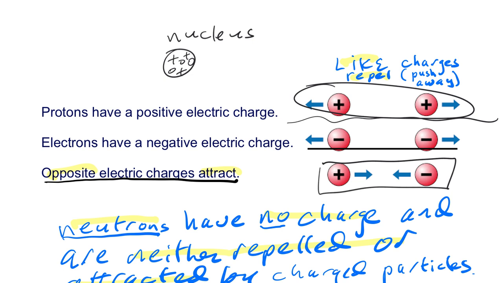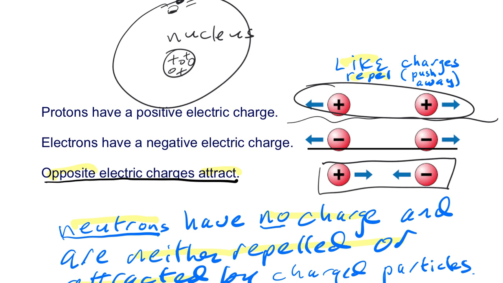Okay? And then way out here, the electrons want to get sucked into the nucleus, but they're moving so fast. They're moving so fast that they won't get sucked in. That's a good way to think about it.